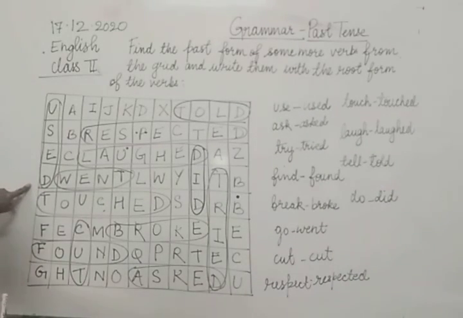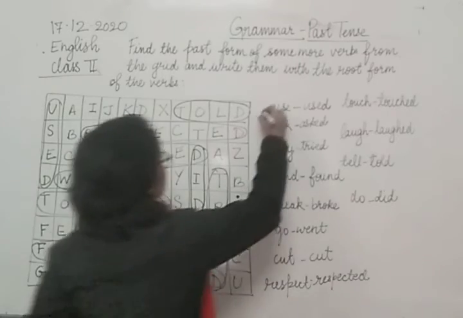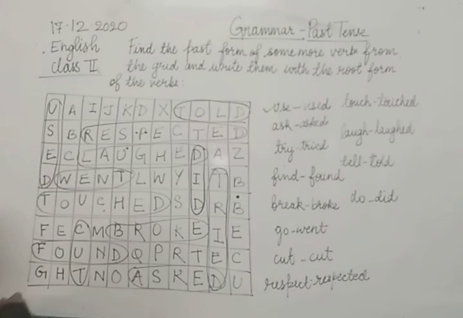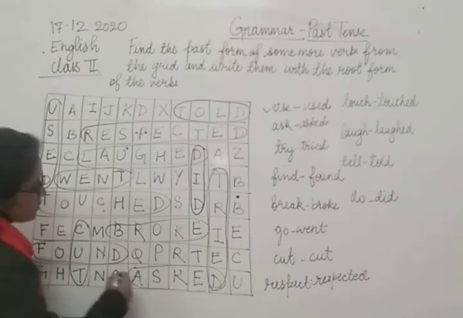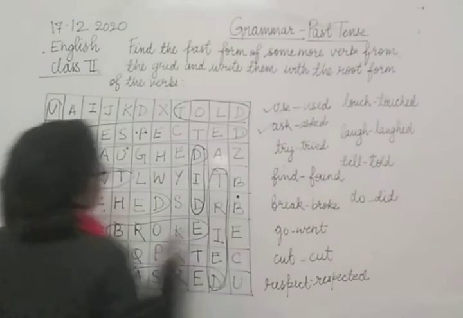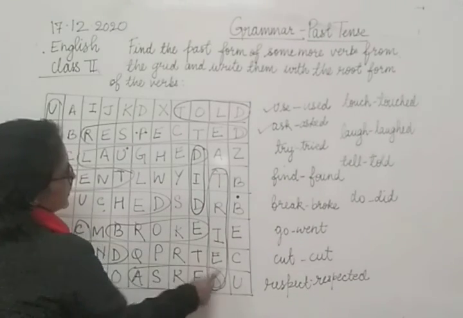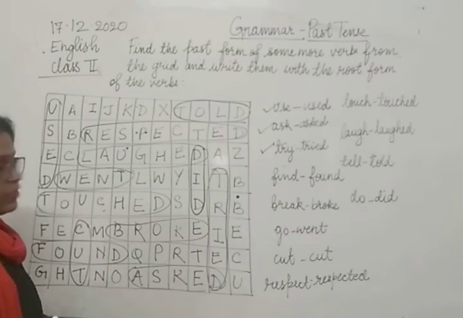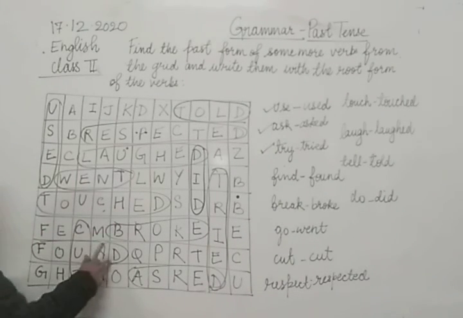Used. Used का past tense used we have done. Then another word is ask, और हमने उसका भी कर लिया है. ask का भी हमने ढूंढा था नीचे asked हो गया. try का tried, tried हो गया. find का found, found.